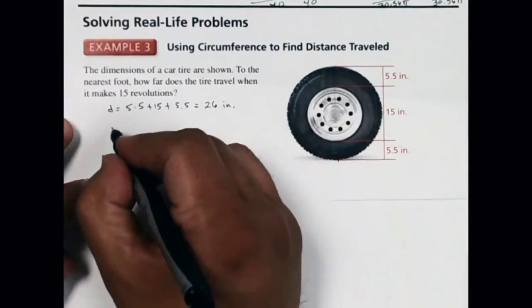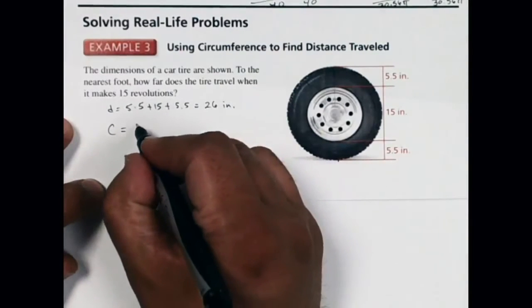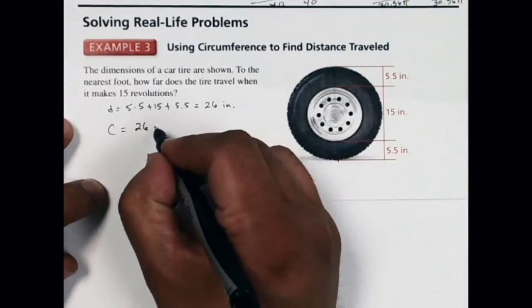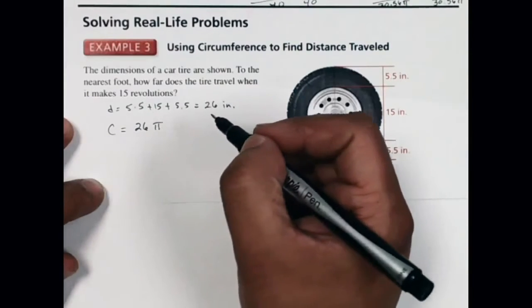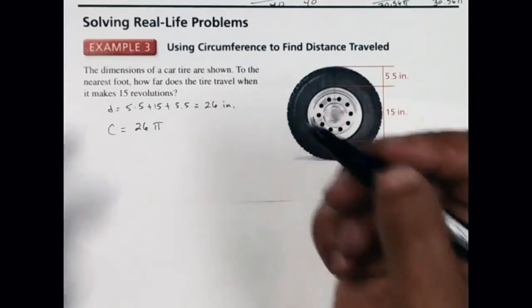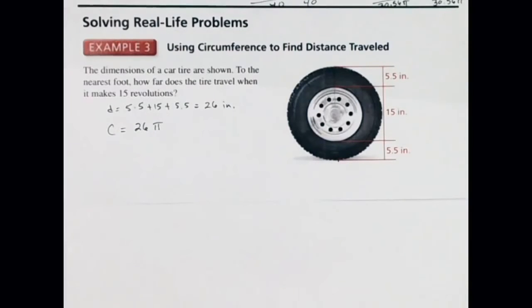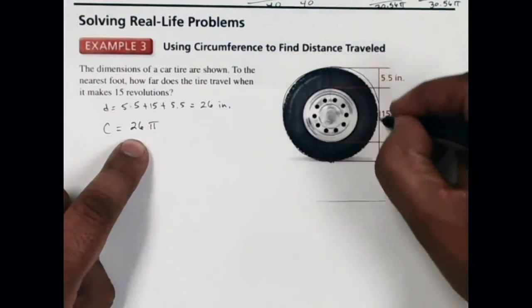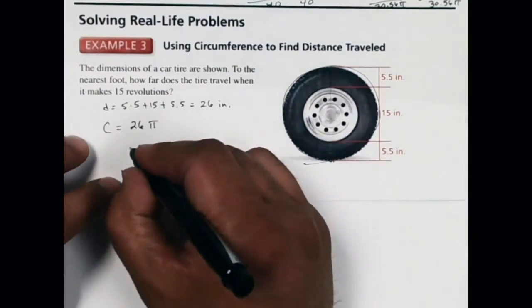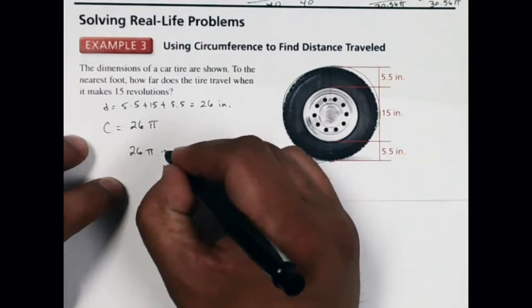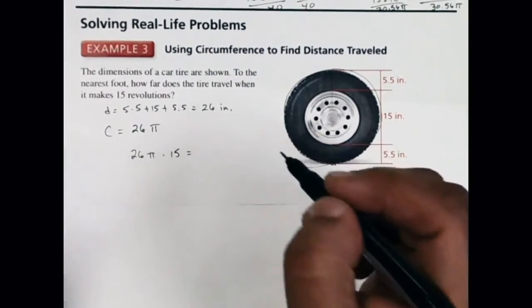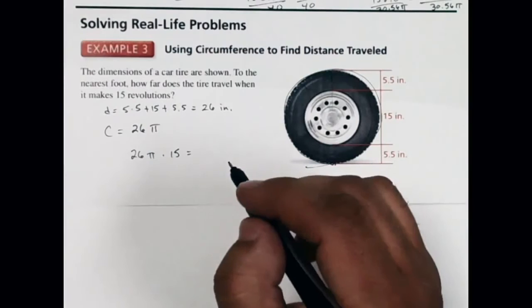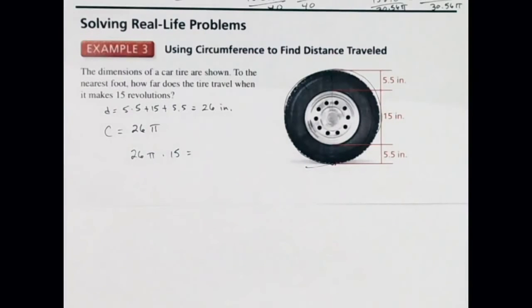Okay, so my circumference then is going to be the diameter times pi. Now I want to find how far it's going to travel 15 times. So this would represent 1 revolution if I went all the way around the circle. So it's going to be 26 pi times the 15 revolutions. And that's going to give me my distance.